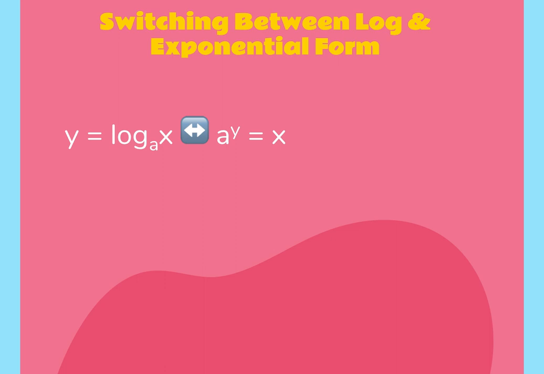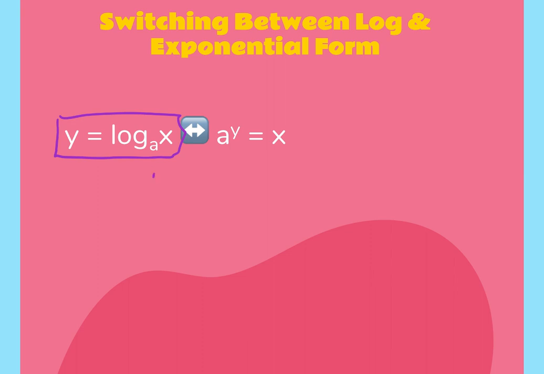So the most important thing is understanding the conversion between the log form and the exponential form. So log, and it literally will say the word log, is shortened for logarithm. And it means that I can take something that's written in log form and switch it to exponential or vice versa. So if it said y equals log base a of x, that's how that's read.